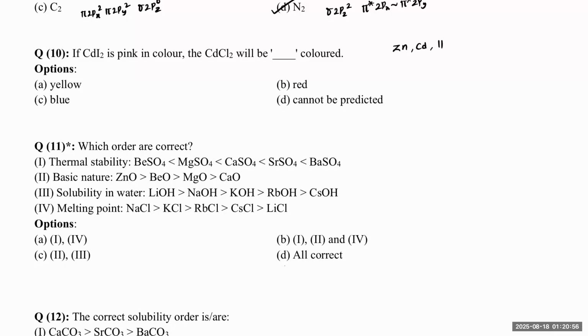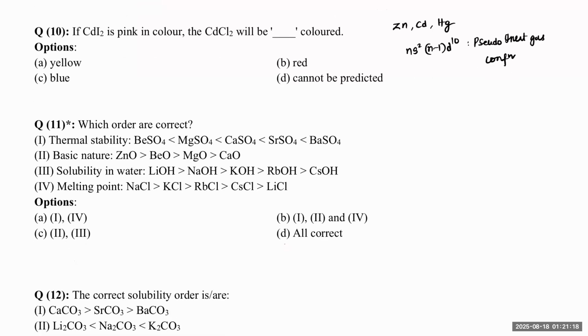cadmium, and mercury, all of them have a configuration of ns2 (n-1)d10. This kind of configuration is called pseudo inert gas configuration.